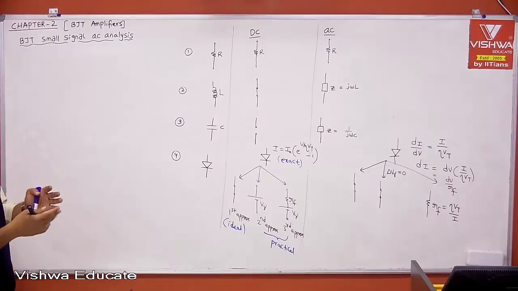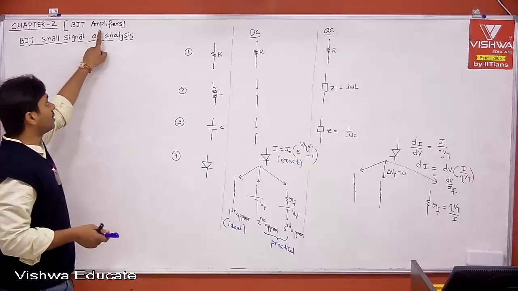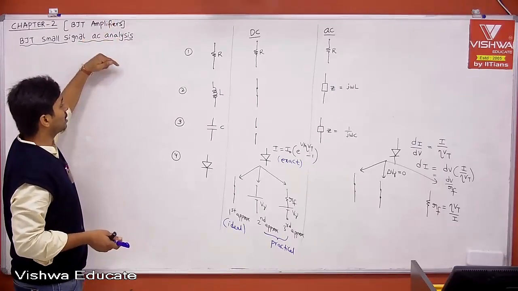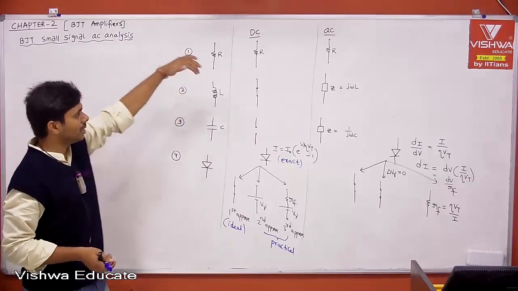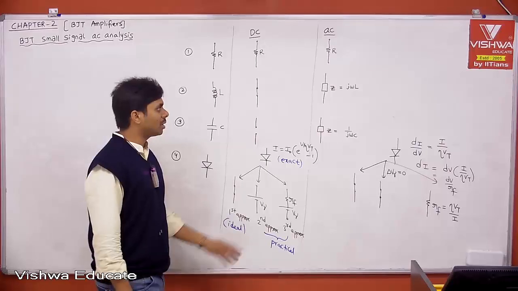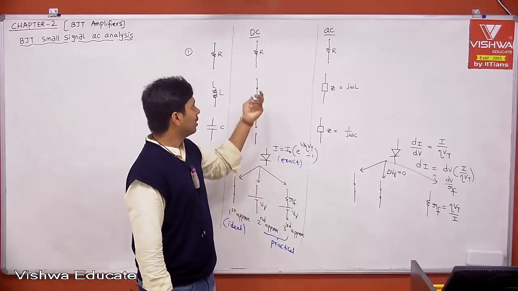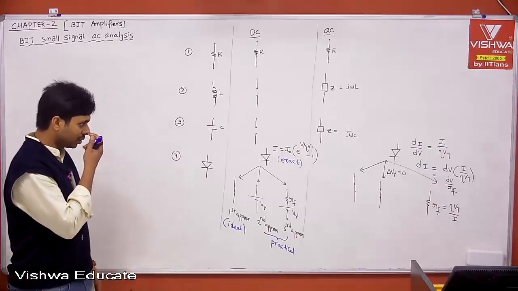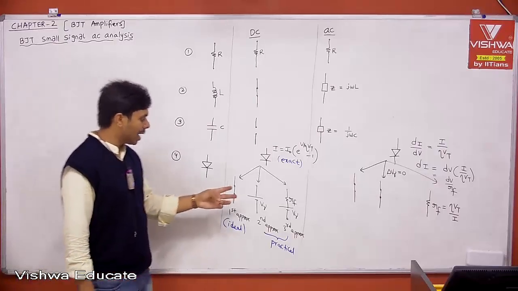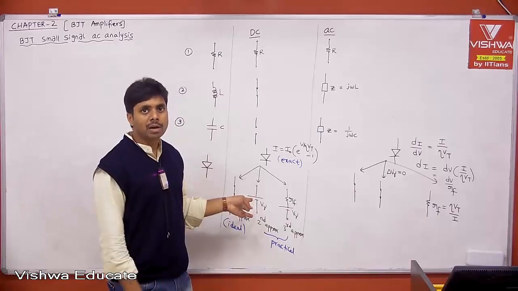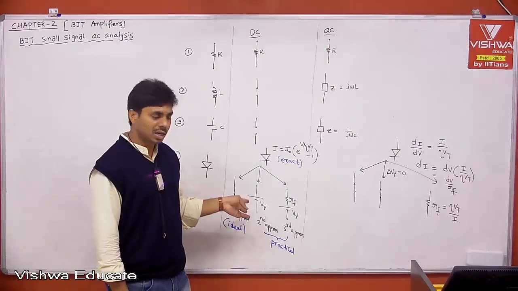See, this is another summary with respect to DC and then AC, because as I told you before, BJT amplifiers we are going to analyze for DC signals and for AC signals. For DC how it is acting, for AC how it is acting, that is what we are trying to see. Because in the case of passive elements, we don't have any voltage and current internally. Therefore, either it is short circuit or open circuit, that is straightforward with respect to frequency. But if you come to PN junction diode, because we have some DC voltage, that is equivalently represented as V gamma, the drop inside the PN junction diode.